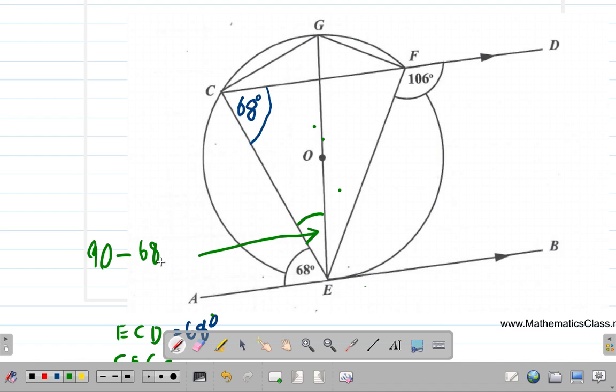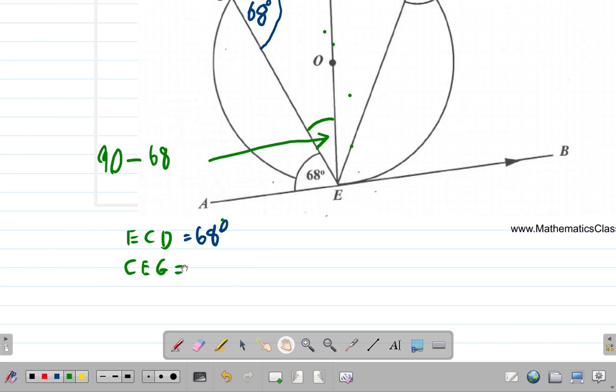So 90 minus 68 would be what? 90 minus 60 is 30, then take 8 off 30 gives you 22. So that angle would be 22 degrees.